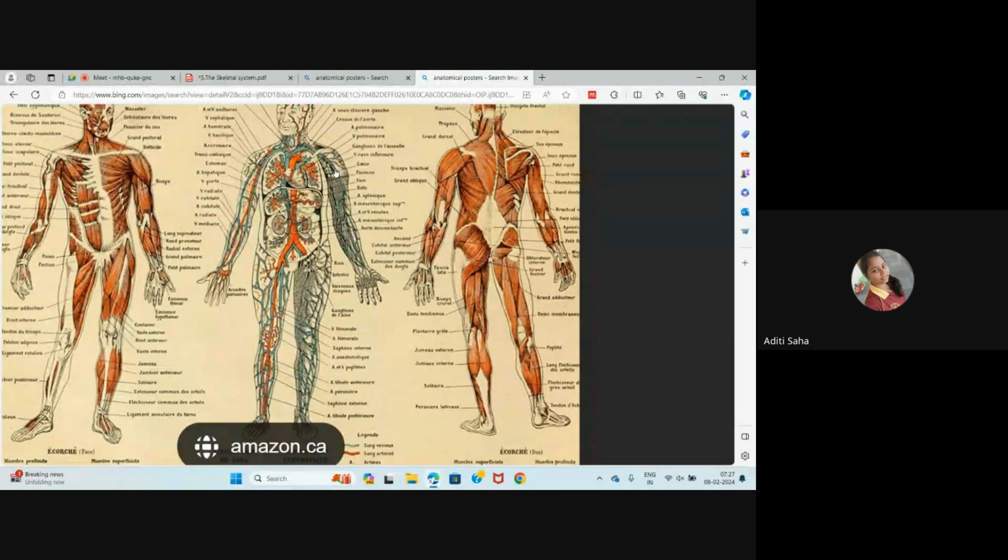Okay, so I think now it's audible. So I think you got the concept of the anatomical figure. It is just the mirror view of us.